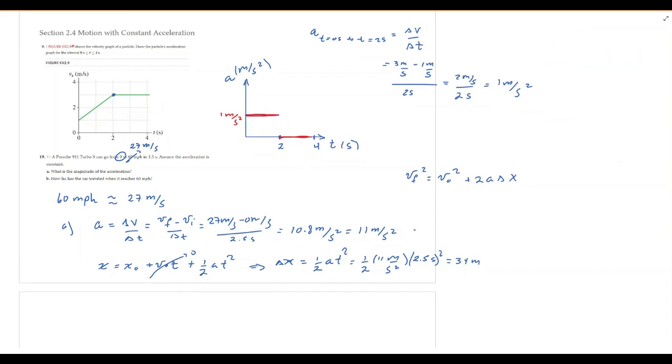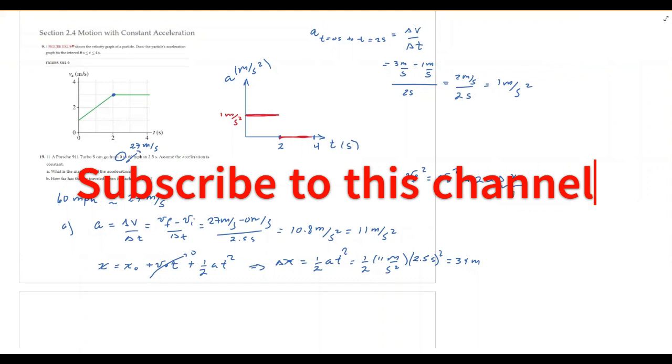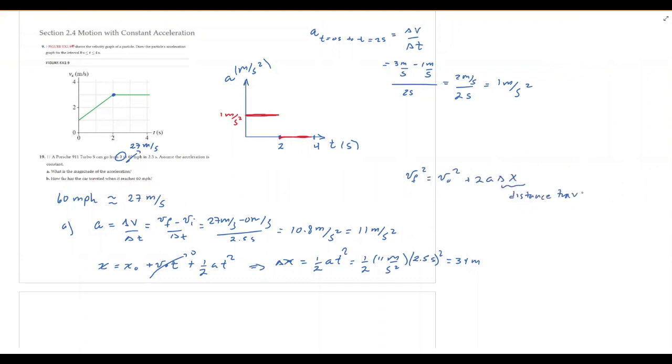I have this other formula that lets me calculate what this delta x will be, the distance traveled, right? The displacement, the change in position, right? So what happens? I know that v initial is 0, okay? Because the initial velocity was 0. We're going from 0 to 60 miles per hour, right?